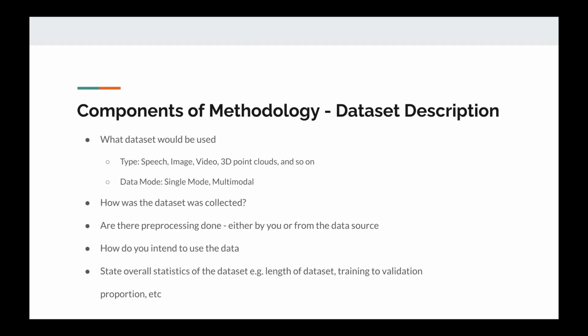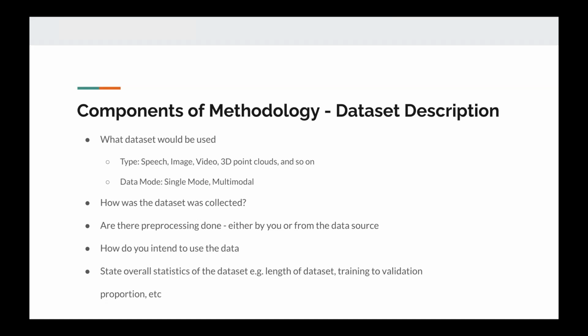So a multimodal data set would be, for example, you're trying to generate text subtitles, and you have audio data and images.